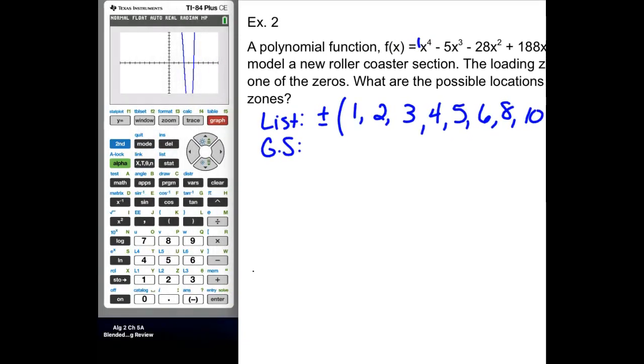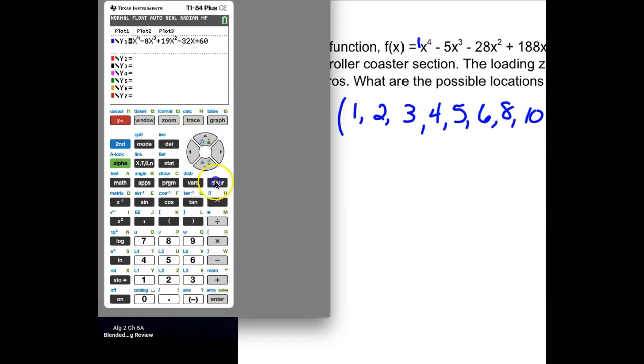All right, so our first step, we need to type in our equation. So we had x to the fourth minus 5x cubed minus 28x squared plus 188x minus 240.